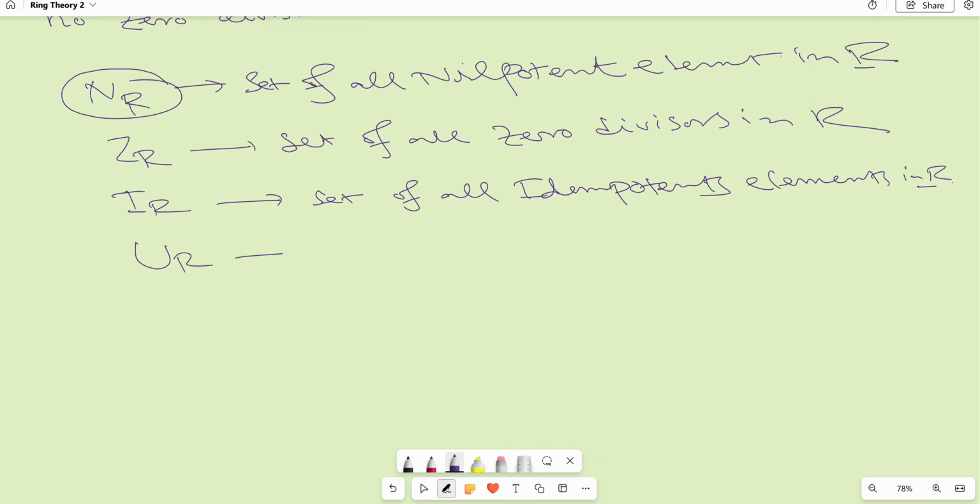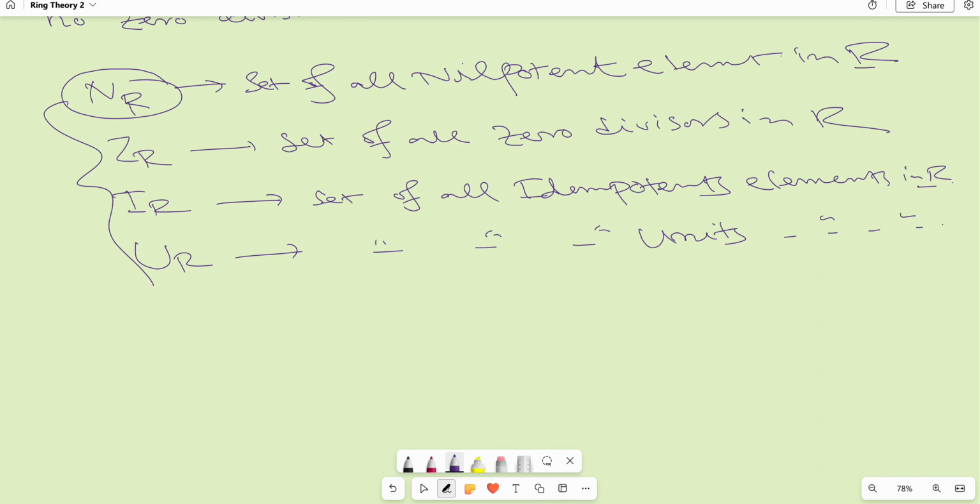And U(R) is the set of all unit elements in R, right? So these four notations you will only talk about.